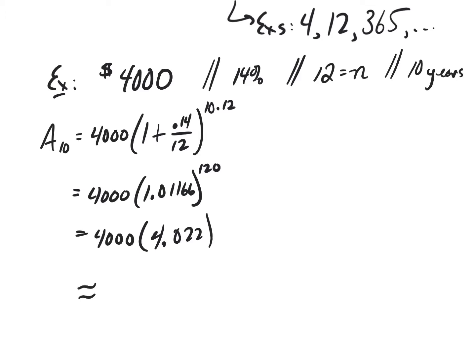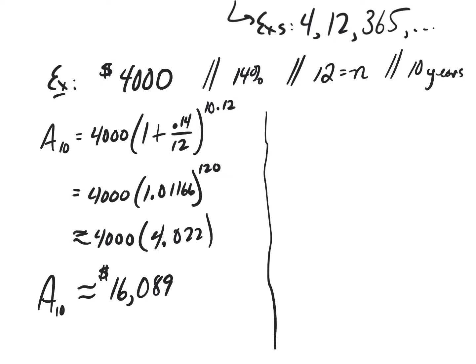Then we multiply that by 4,000, and in that mutual fund we'd have $16,089. So after 10 years, the amount in the mutual fund would be $16,089.